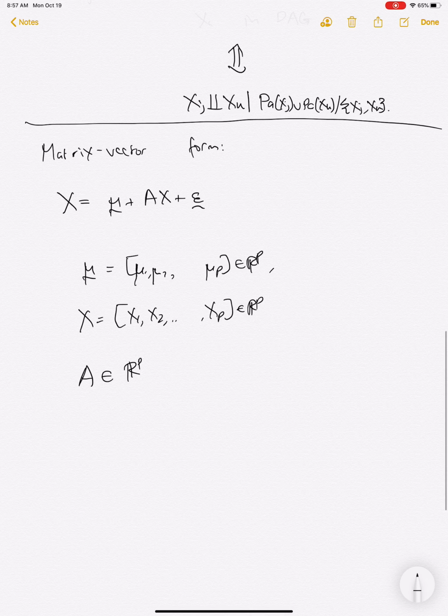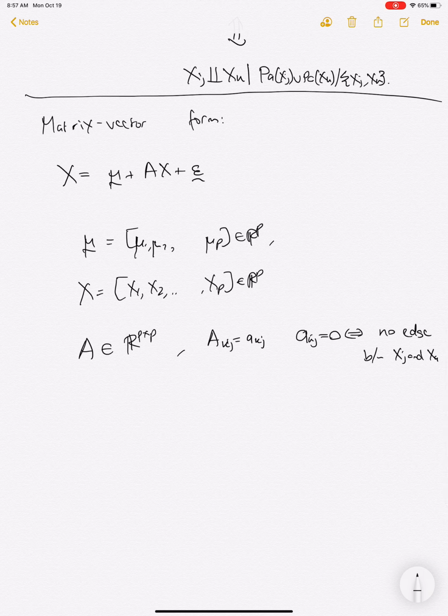That's in R to the p by p, where the entries are a_kj. And note that obviously a_kj equals 0 if and only if there is no edge between xj and xk in the graph.